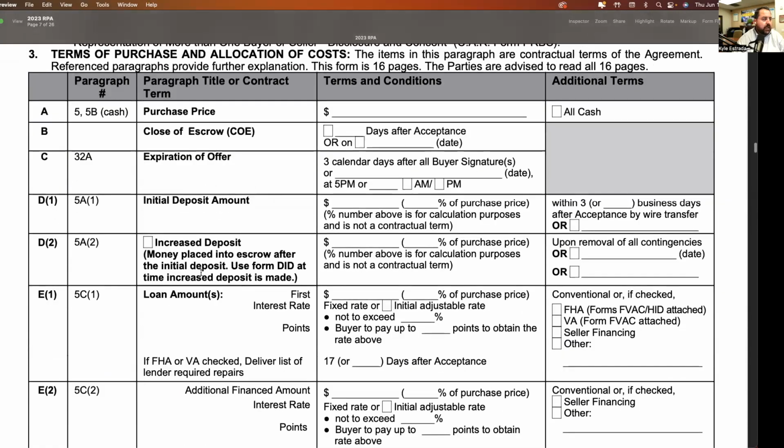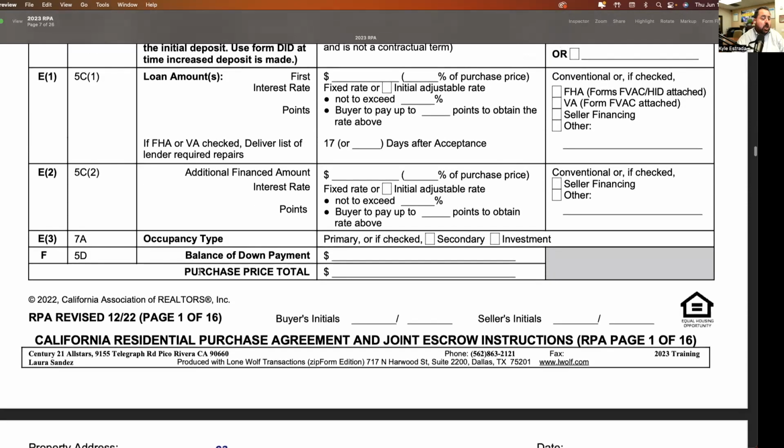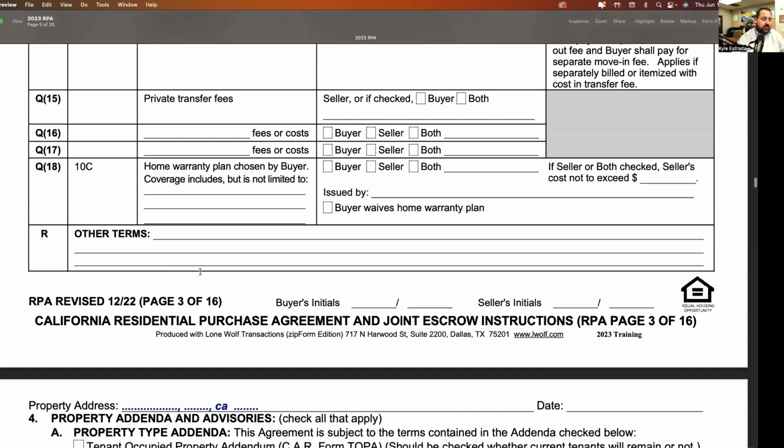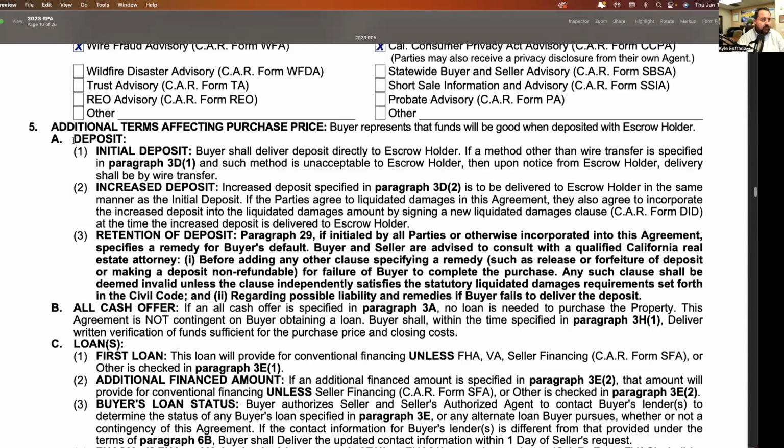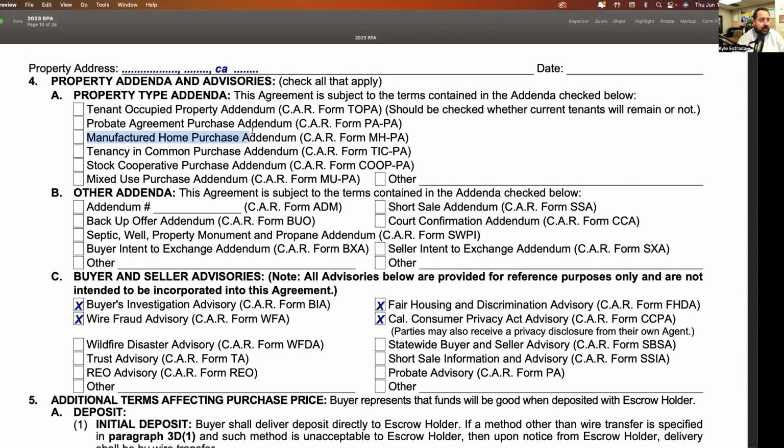Oh, you know what? I guess we have to just check it off there on the bottom. So if this is a probate or a manufactured home, you have to check that you're adding the manufactured home addendum, the probate agreement purchase addendum. You have to add those into the purchase agreement. Anytime I check these boxes, they're going to be automatically added into my transaction in zipForms. So check the boxes of the things that you want to use.